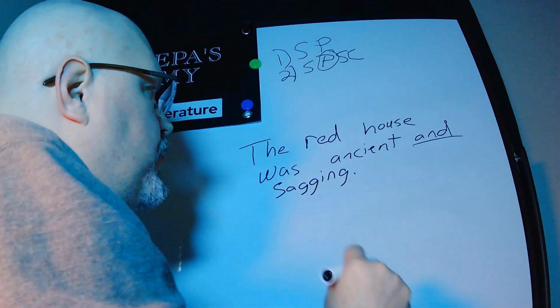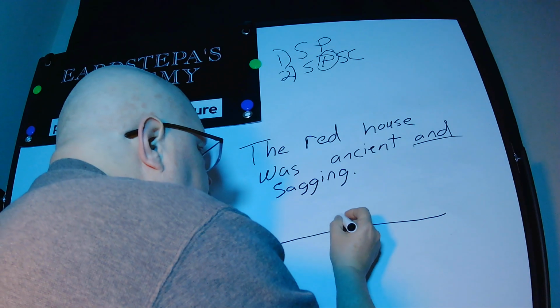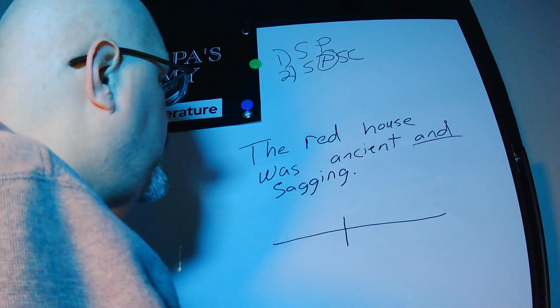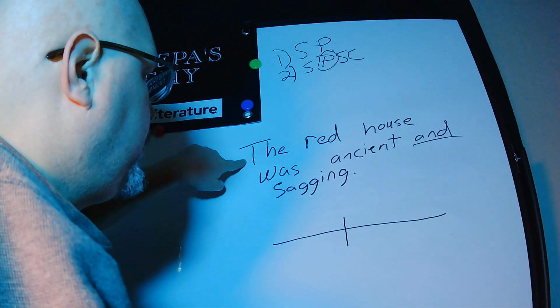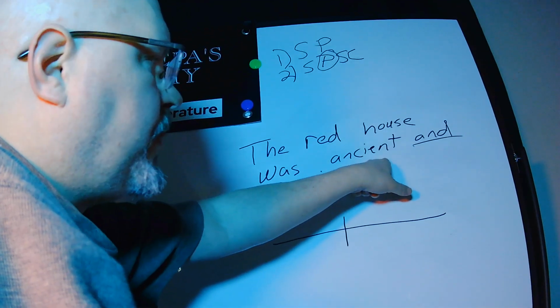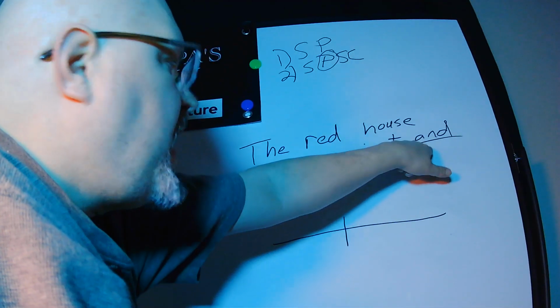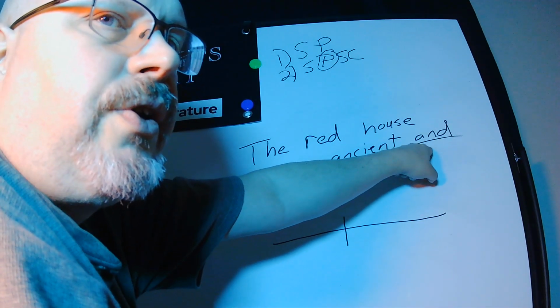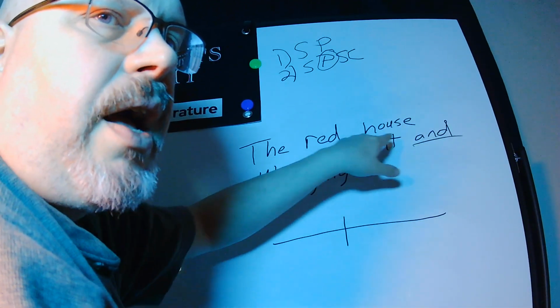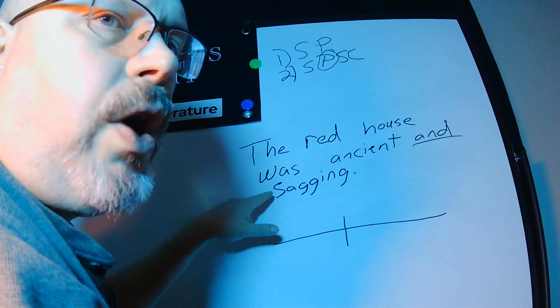So when we go to diagram this, we start with our two lines. The word the is a modifier. Ancient is an adjective. Sagging is an adjective. And is a conjunction. Also red is an adjective. So that just leaves house and was.